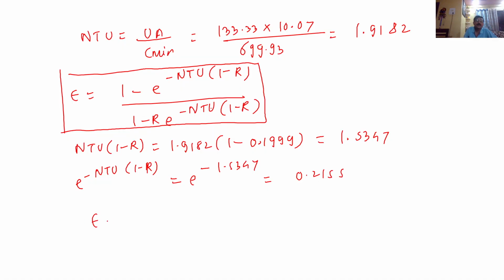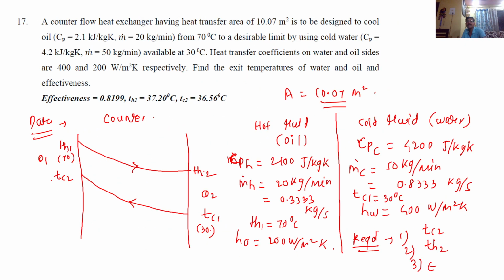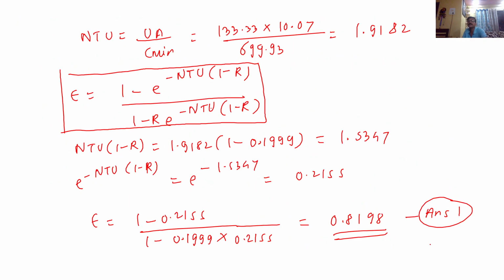Now epsilon is equal to 1 minus 0.2155 divided by 1 minus R, that is 0.1999, into 0.2155. If I solve this, the value of epsilon comes as 0.8198. So I got the effectiveness answer. This is answer 3.